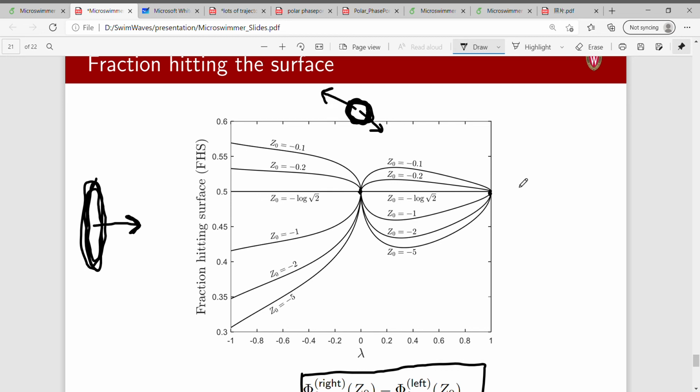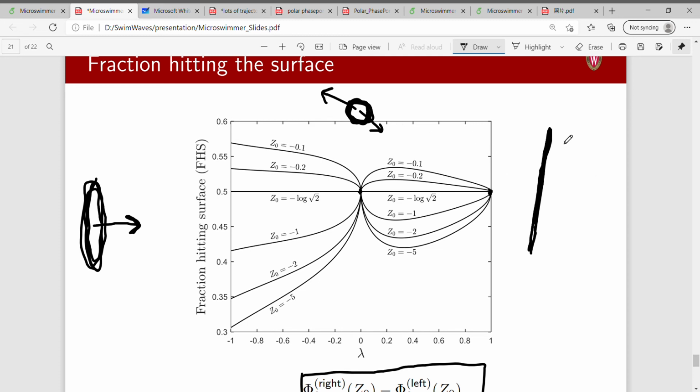And for lambda equals 1, those microswimmers are thin needles, very, very thin needles. Because they're so thin, they're not going to be affected by the wave either.